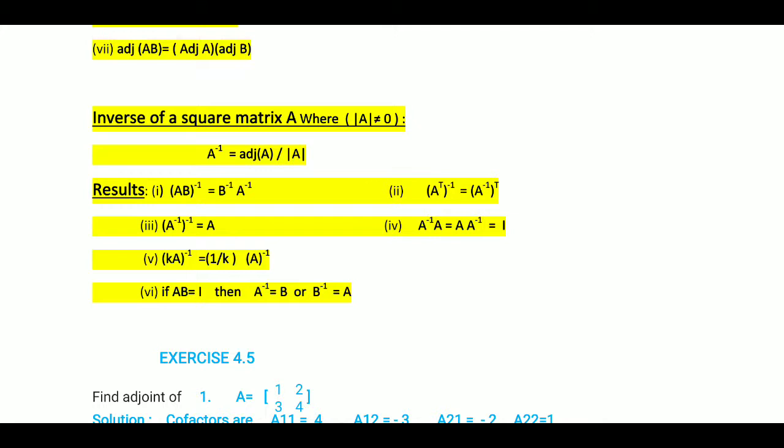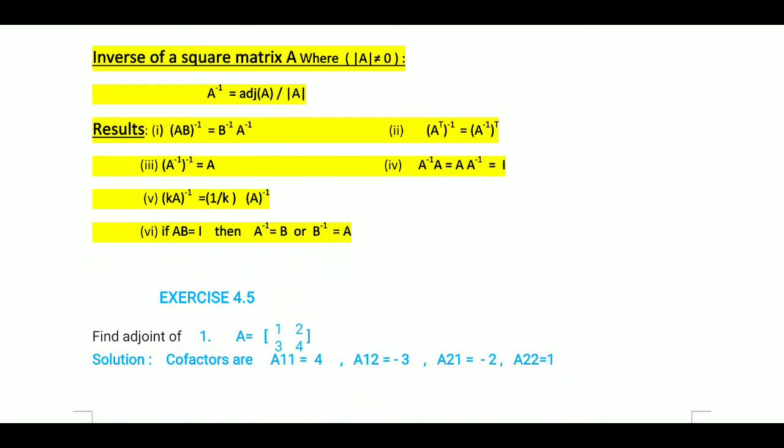Next one, K A inverse means a matrix is multiplied with some constant and then finding its inverse, that is obtained by 1 upon K multiplied by A inverse. We find A inverse and multiply each element of A inverse by 1 upon K.